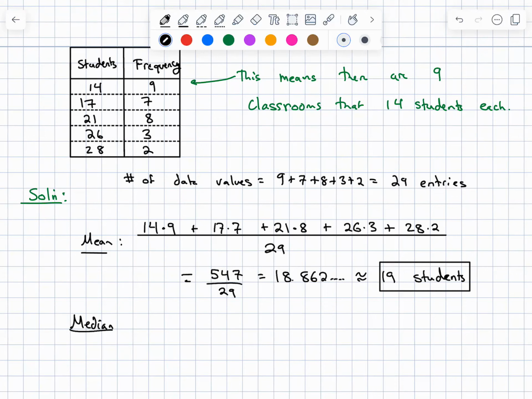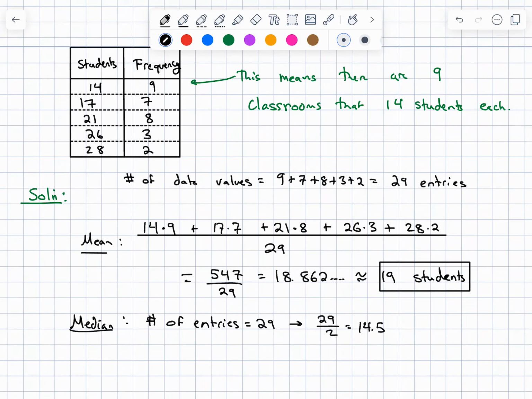So what I would do: the number of entries equals 29. So 29 divided by 2 is 14.5. So we get one of the n.5s.